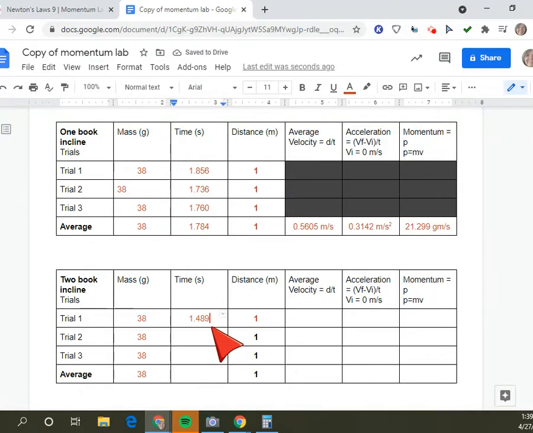So our time was shorter. What's true about the car? Was it going faster, slower, or the same? It was faster. If our time was shorter, then we were going faster. Okay, we'll try again and see if we get a consistent result. I'll let you get that number on there. Camera, stopwatch.